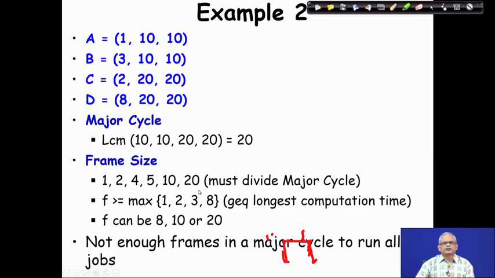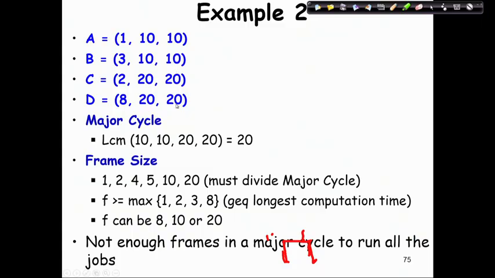So, in none of the cases can we have a schedule worked out, because we have 2 instances of these, 2 instances of these, and 1 of these and 1 of these in one major cycle. That gives us 6 instances, and we need at least 6 frames, but then we are getting only either 1 or 2 frames.